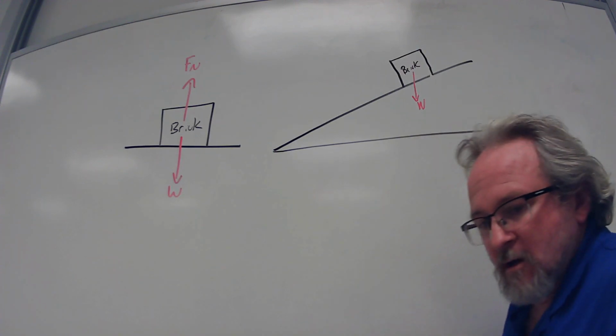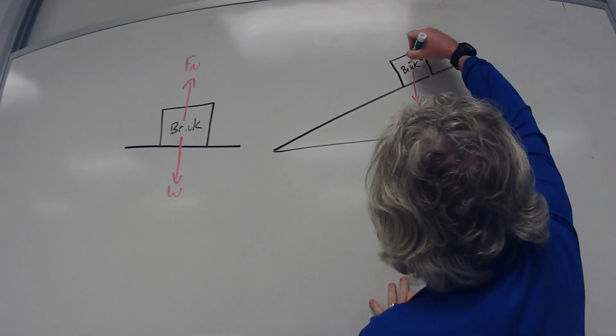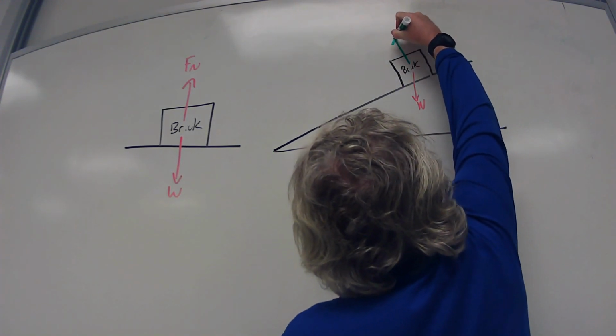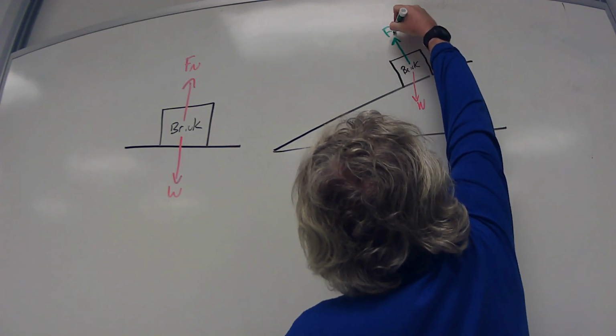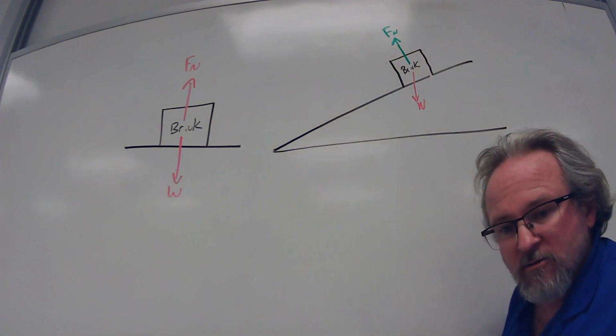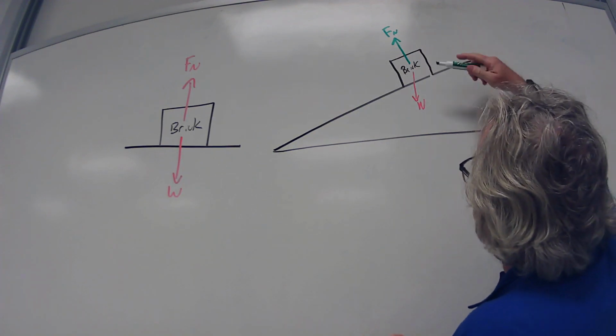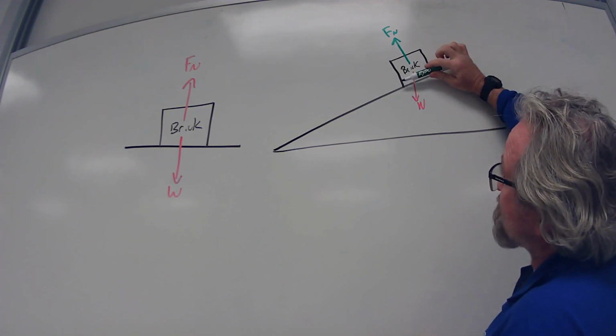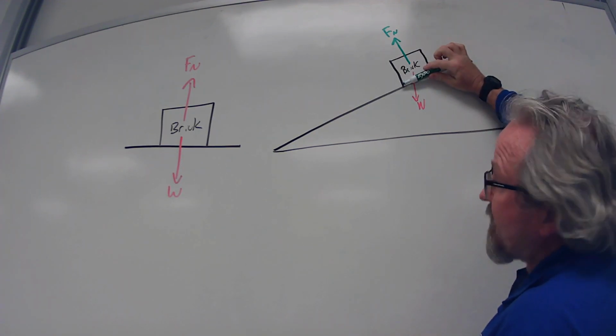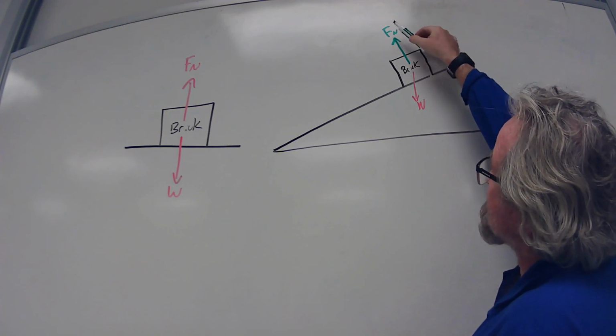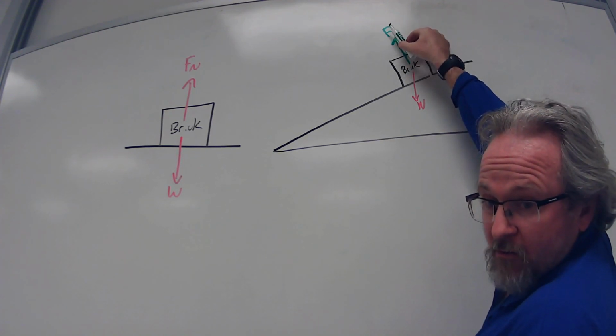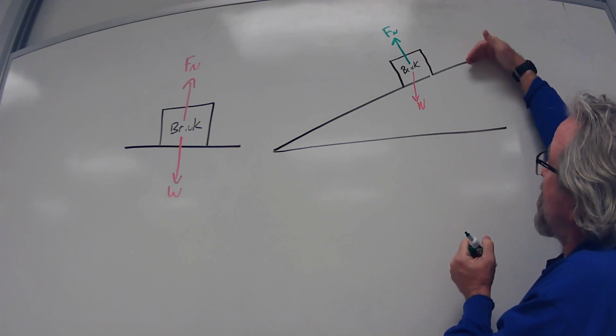But remember that the normal force is perpendicular to contact. So because the surface is now at an angle, the normal force is also now at an angle. Imagine this.